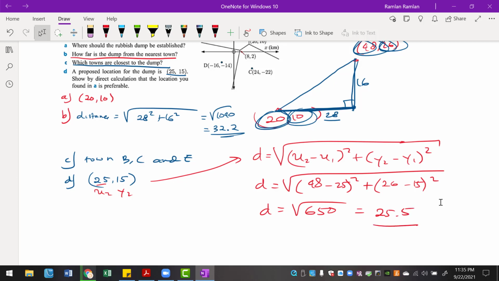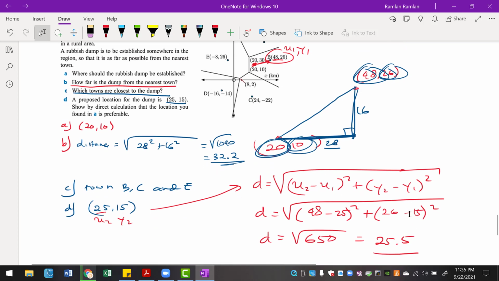Again, we don't have a unit here because it doesn't say anything about it. It can be meters, kilometers, or miles. It can be any unit, right? So why can we not use this? Because the purpose of making this a rubbish dump is so that this place is going to have more distance to houses and so on.